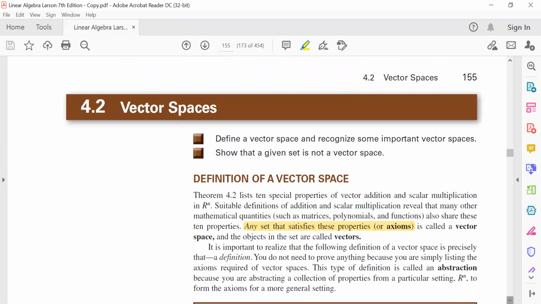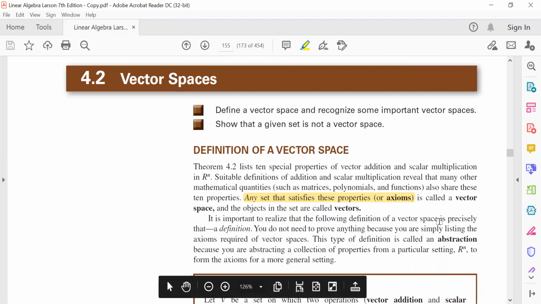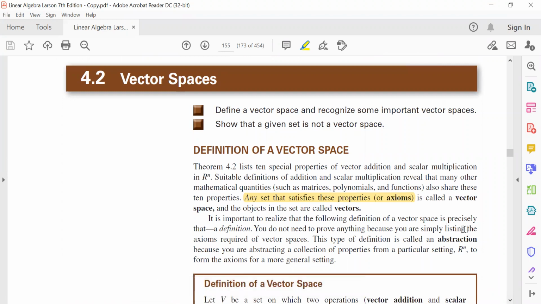I just want to note one thing. Here it says axioms. Before, we called them theorems. There were 10 theorems about Rn. Now we'll call them axioms, because when it came to R2, Rn and all those other things, we had to prove that these properties worked.